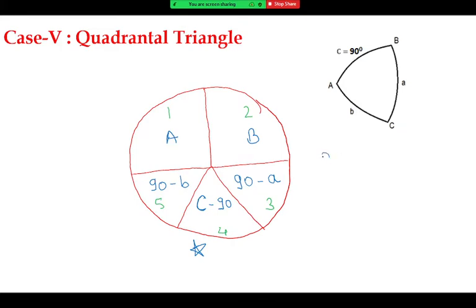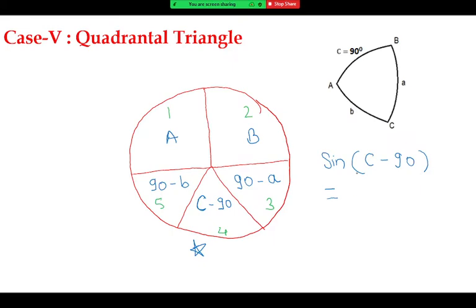First of all, sine of C minus 90. Can anyone guess what should be the answer? Sine C minus 90, what should be the simplification? Is it cos C or something else?